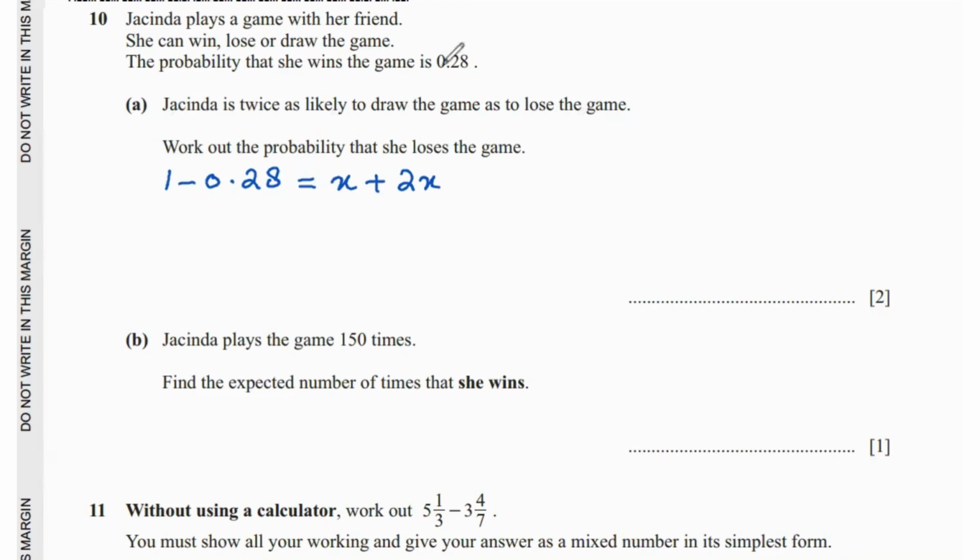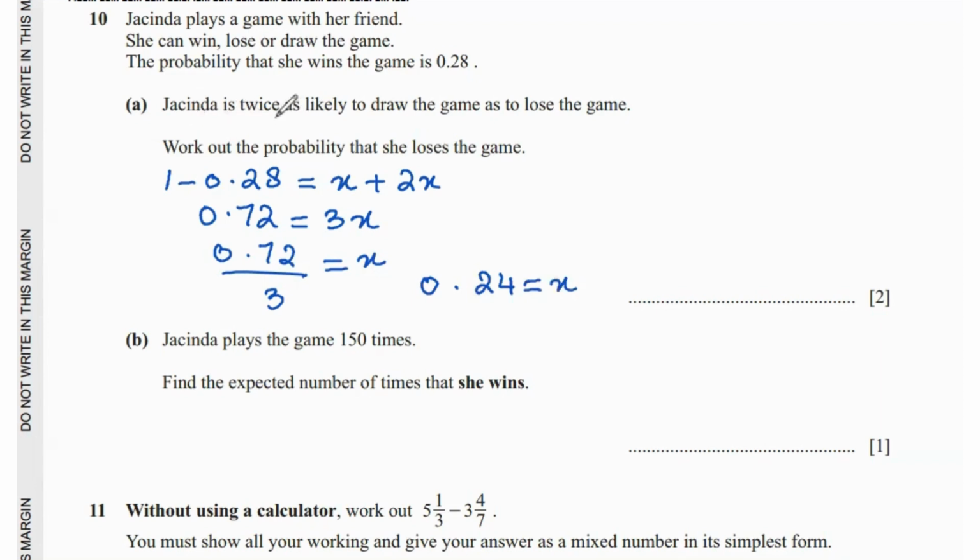So if we subtract the probability of winning from 1, that gives us the probability of her drawing or losing. So 1 minus 0.28 gives us 0.72. And x plus 2x is 3x. So 0.72 divided by 3 equals to x, which is going to be 0.24.